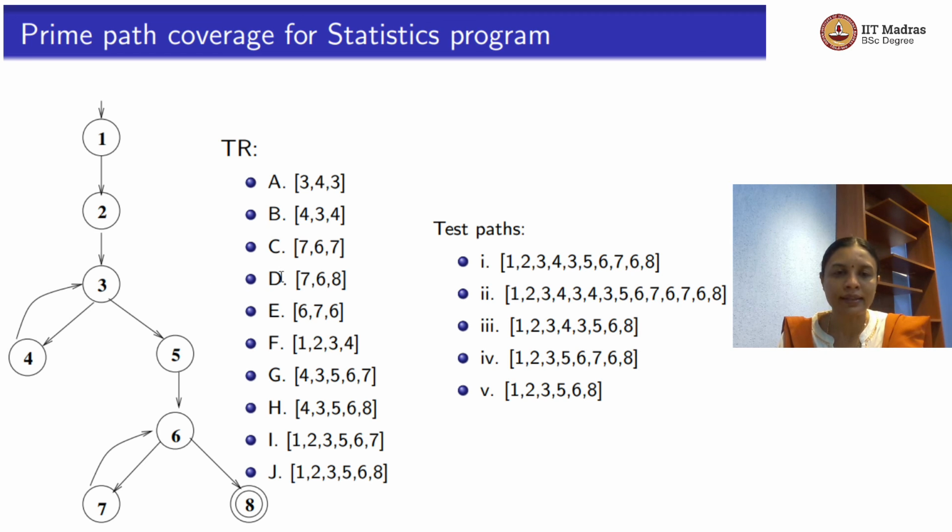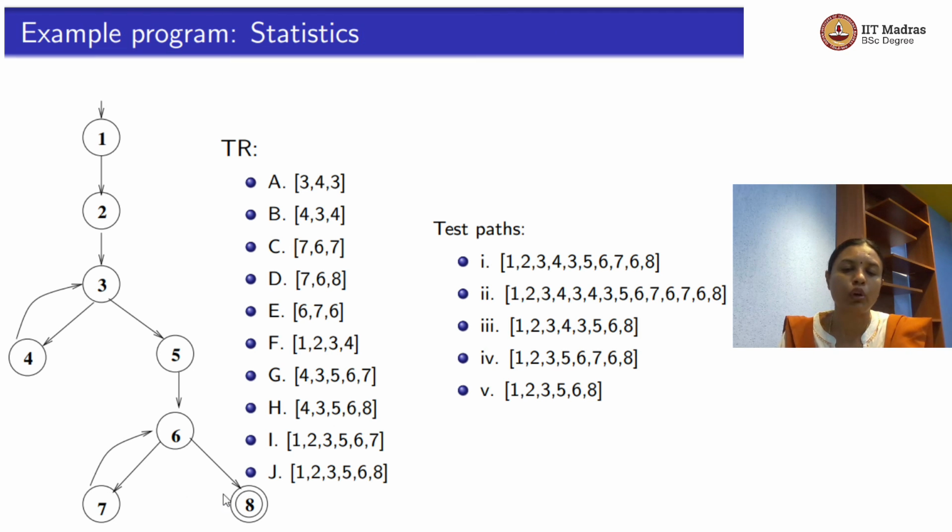Similarly, C and E, along with these 1, 2, 3, 1, 2, 4, 3, 5, 6, 7, correspond to the second for loop, and D represents exiting the second for loop. J also represents skipping both the for loops.